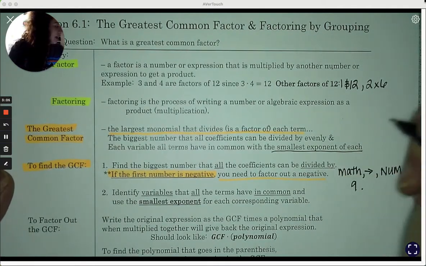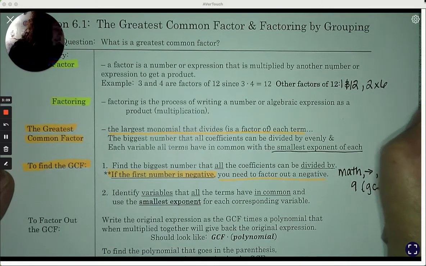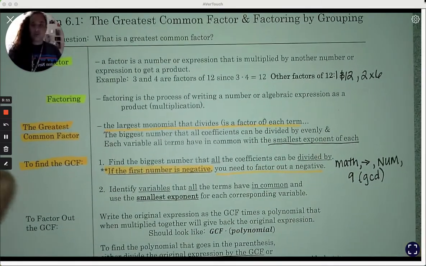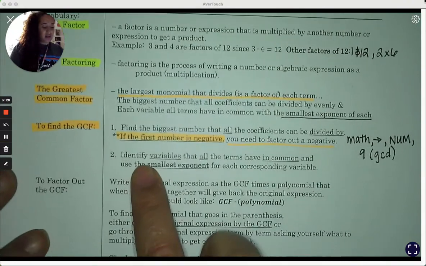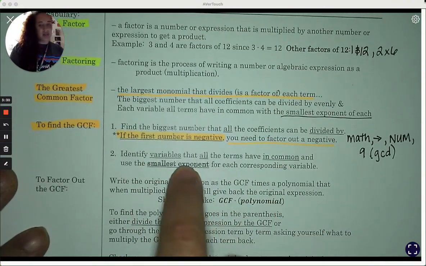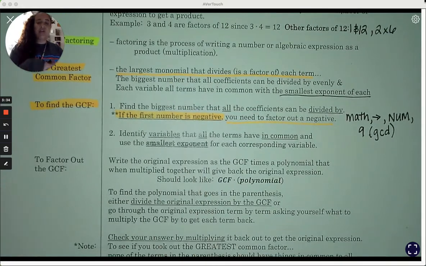Okay, and option 9 is GCD. And I'll show you in an example how we're going to use that to help us figure out the greatest common factor. Okay, and that's going to tell us the number that we factor out, that we're going to divide all the coefficients by. Okay, step 2, we identify variables that all terms have in common and the smallest exponent. Okay. So that's how we find the variable.